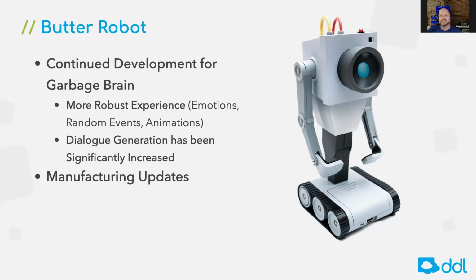Their team are working on adding more emotions, animations, and the dialogue library that the Butter Robot is going to be pulling from has significantly increased since the State of Robotics webinar several months ago. I'm just really excited for everyone to get their hands on the Butter Robot and experience for themselves all the unique ways this robot is going to interact with its environment and begin to glitch, right, Jacob?